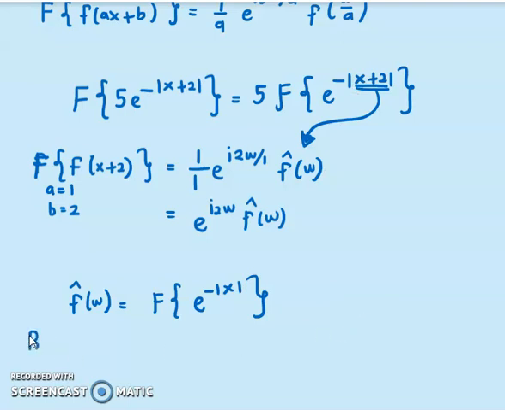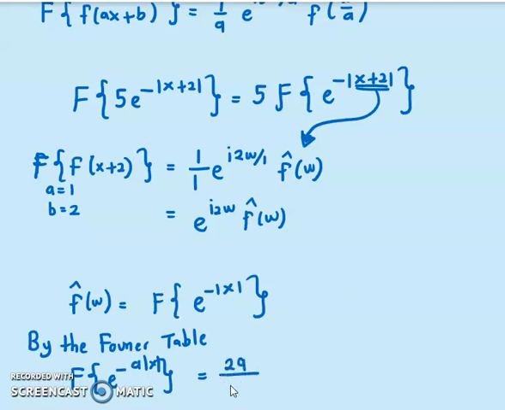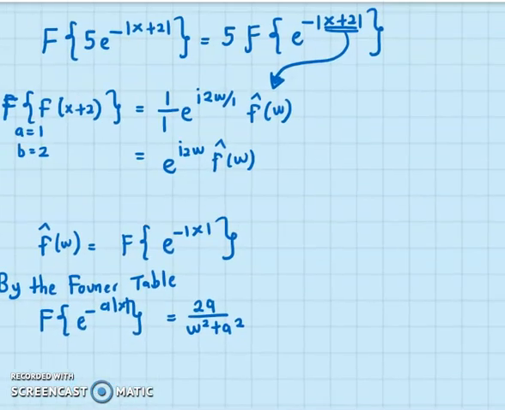The Fourier transform of e^(-a|x|) is given by 2a over omega squared plus a squared, if I'm not mistaken.